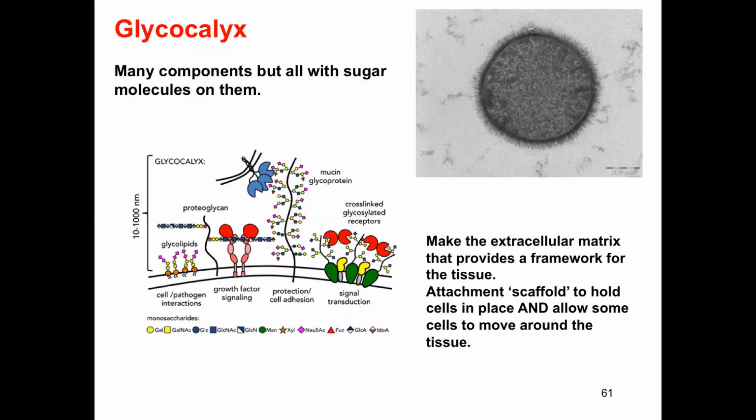Now, I said to you that proteins and lipids in the cell membrane often have sugars on them. And that sugar coating is called the glycocalyx. Sometimes it's called a fuzzy coat, because if you look at it by EM, it makes the cell look fuzzy, all right? And this is called the glycocalyx.